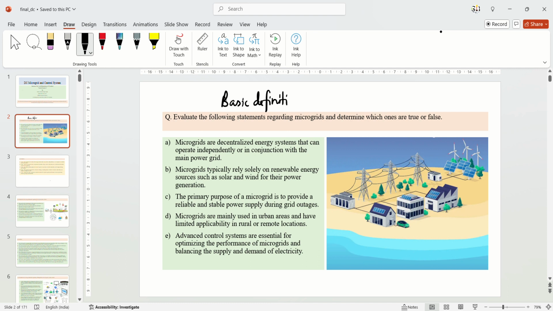Okay. I have put a few statements, five statements are there. You have to tell me which statements are true and which statements are false. I'm giving you a few minutes to solve this question. Just let me know if you got the answer.